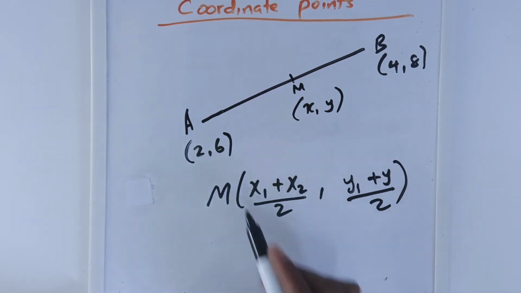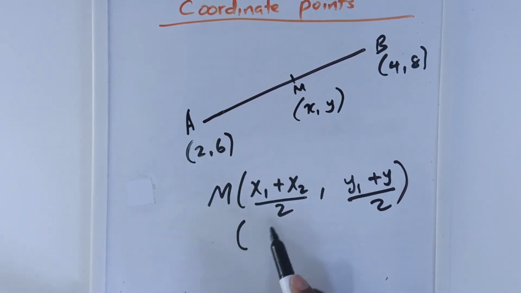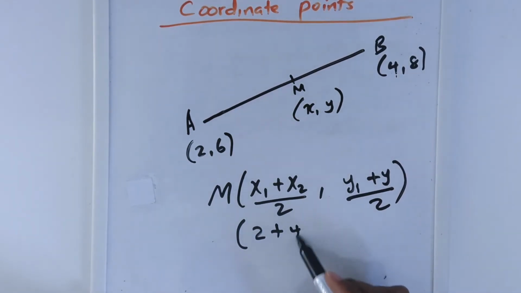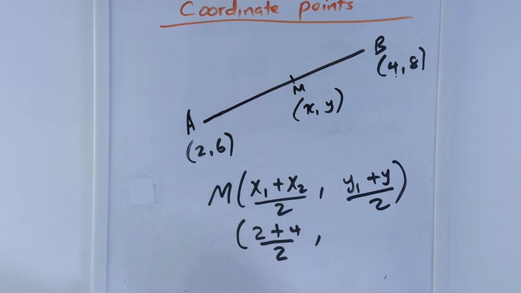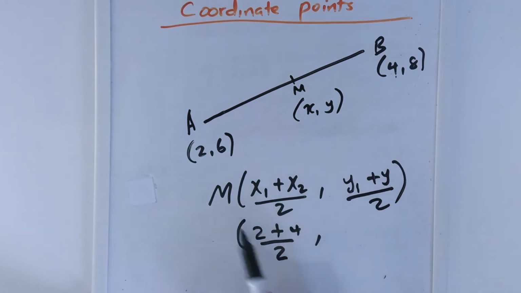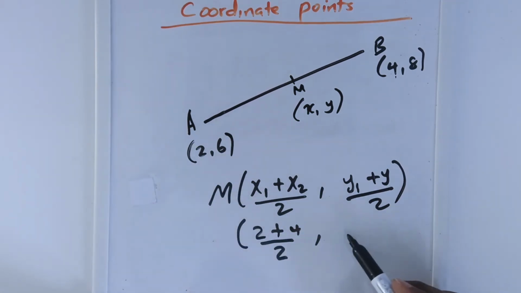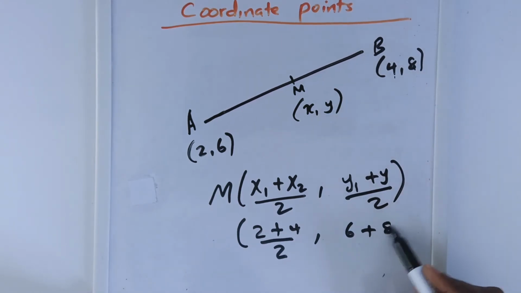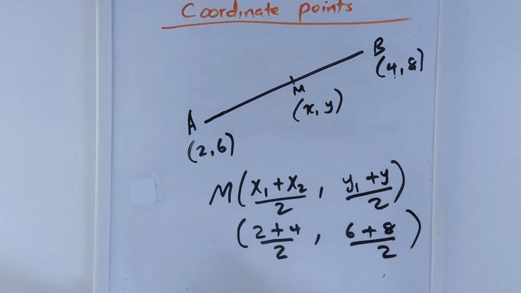So, in this example, what is our x1? x1 is 2 plus, what is our x2? x2 is 4, and then we divide by 2. What about the y coordinate? y1 is 6 plus y2 is 8 divided by 2.